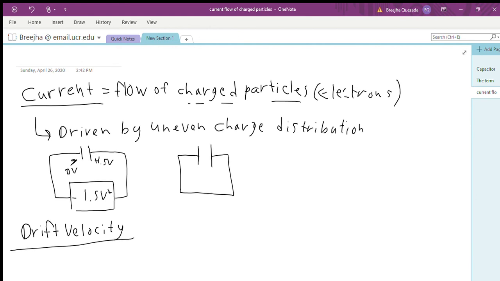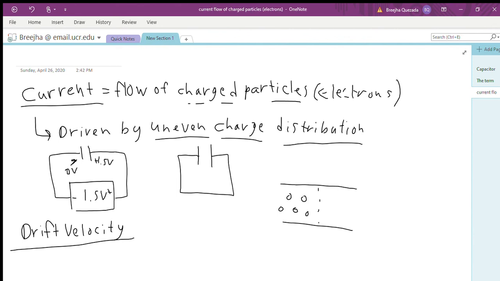Which actually, before I forget, I wanted to make an analogy because this uneven charge distribution tends to make me think of, I don't know if any of you remember osmosis from when you were studying in either chemistry or another physics class. Basically, it's the concept that, say, salted water or a highly concentrated solute within water will flow from an area of high concentration to low concentration, driven by random molecular motion.